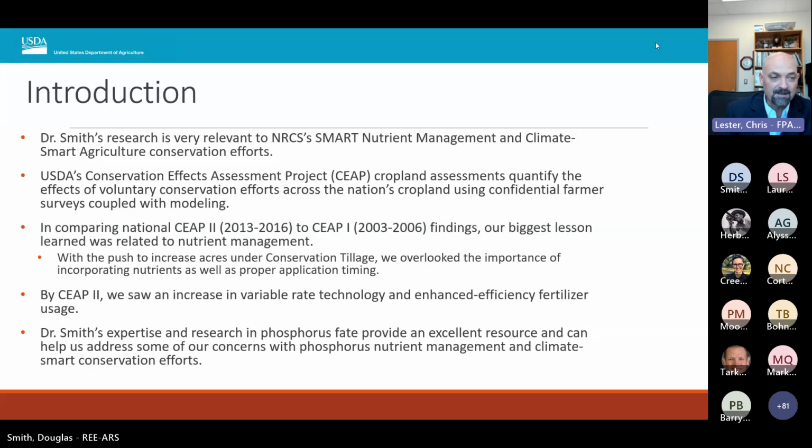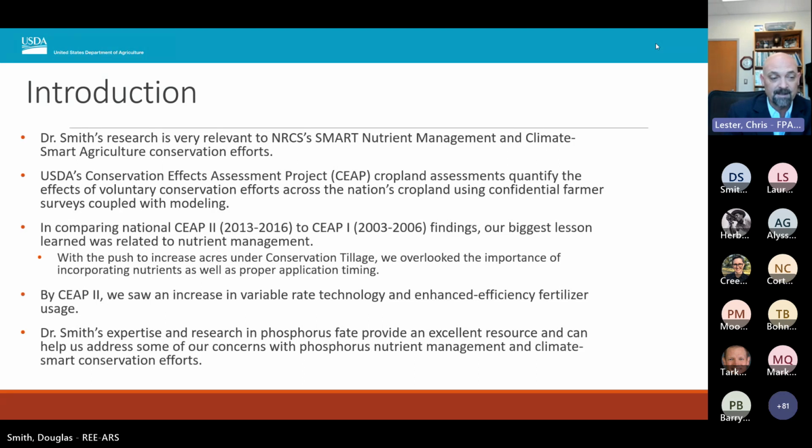When we were comparing national SEEP2 to SEEP1 findings, our biggest lesson learned was related to nutrient management. With the push to increase our conservation tillage acres, we overlooked the importance of incorporating nutrients as well as the proper application timing. We also saw by SEEP2 that we had an increase in variable rate technology and enhanced efficiency fertilizer.